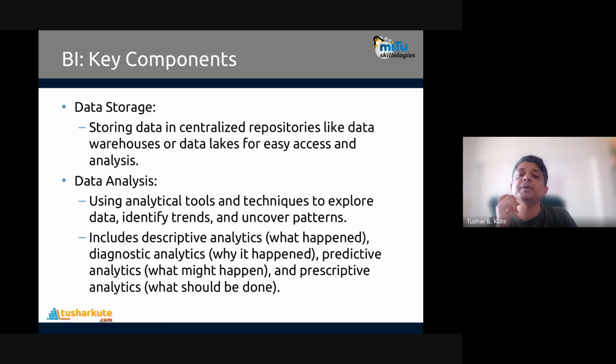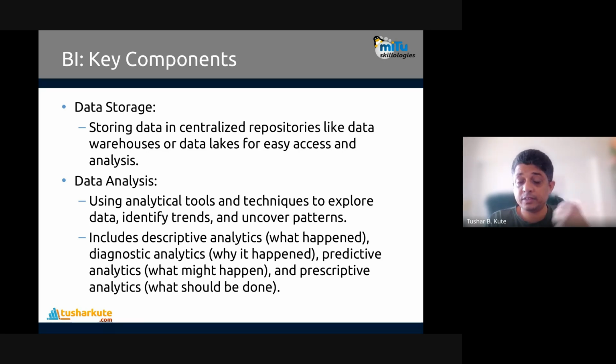Every company has their own warehouse where well-organized, well-managed data is stored. It's a centralized repository where data can be stored. Data lake is also one of the terms used there. For easy access and analysis, a systematic way is created to access data, meaning to whom, what kind of data access is provided, that is defined by the data lake or data warehouse. It is one of the primary components where data is stored.